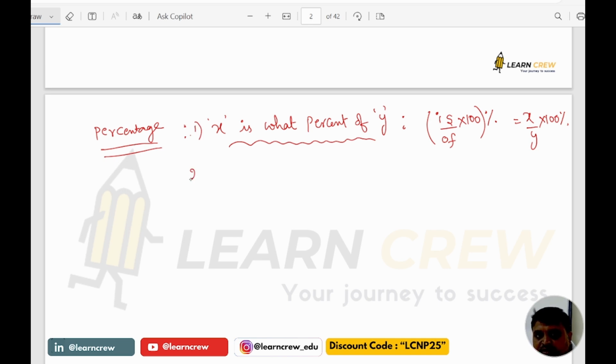And the second one: one value is how much percent more or less than another value y.